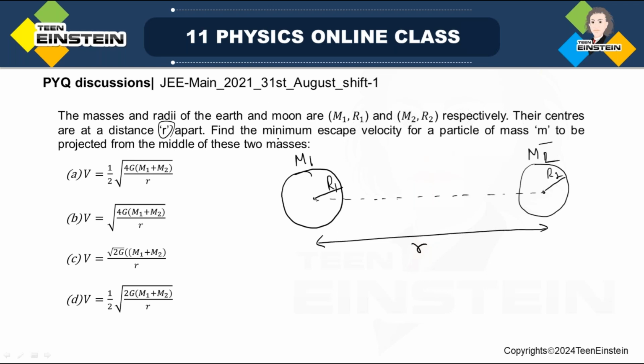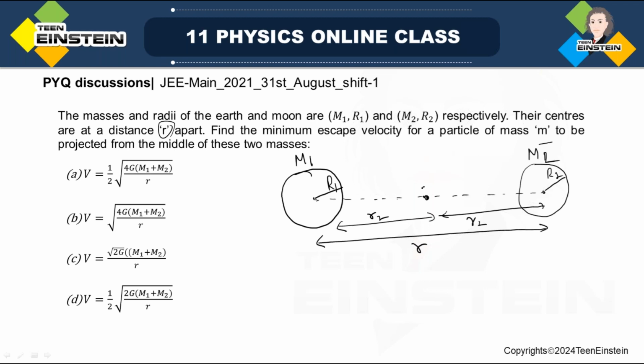The middle point would be somewhere here, which is r by 2 from the center of the Earth, and r by 2 from the center of the Moon.